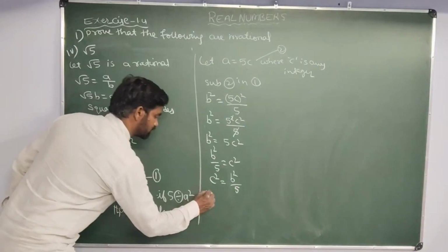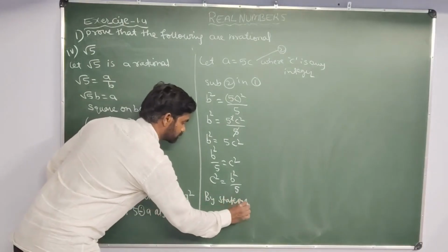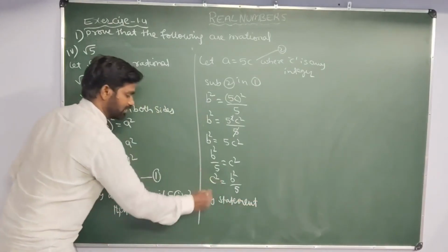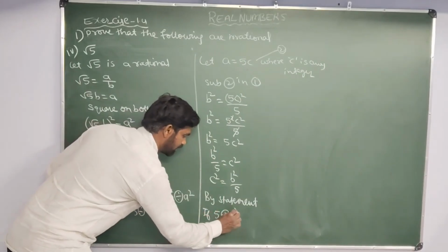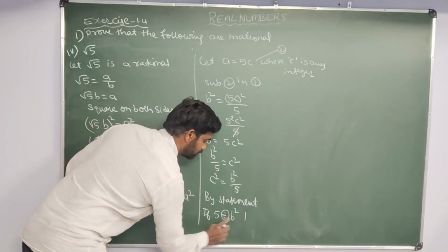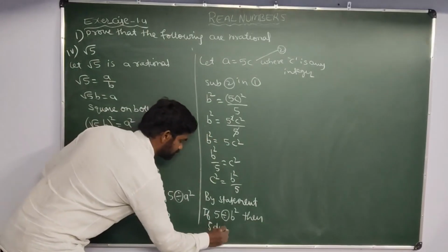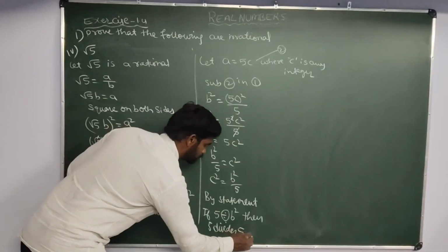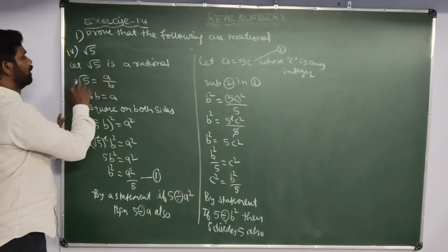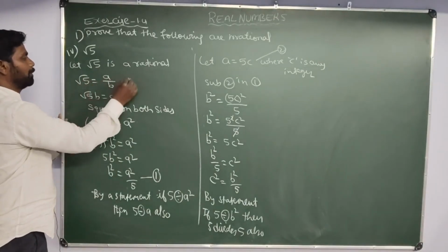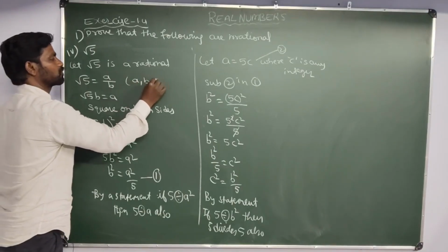Say once again by the statement, if 5 divides b square, then 5 divides b also. In the beginning we considered root 5 is equal to a by b, where, one step I forgot to write here, a and b are co-primes.